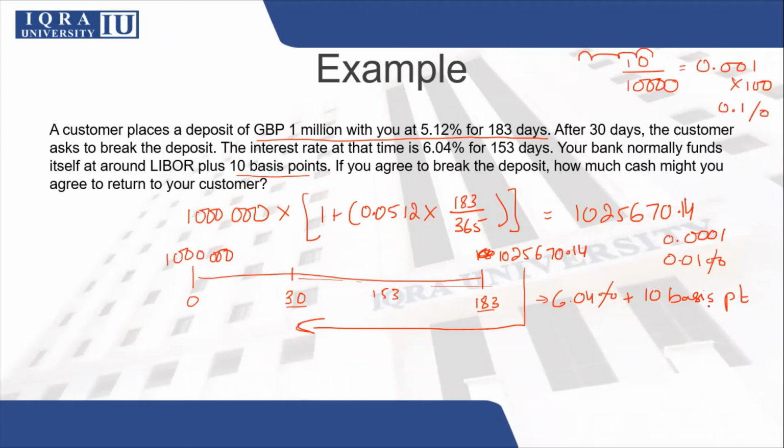This is what 10 basis points means, because this is 1 basis point divided by 10,000 and then multiplied by 100, or simply convert this to 0.1%. So that means 6.04% plus 0.1%, because 10 basis points means this, which is 6.14%.